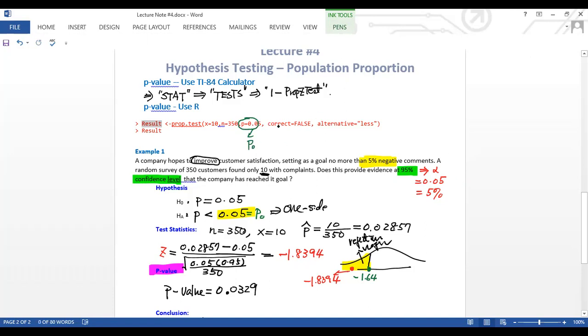Then correct = FALSE, you always put like this because we have not talked about the continuity correction yet. Then alternative is less, right? You can have a different alternative, two-sided or greater.